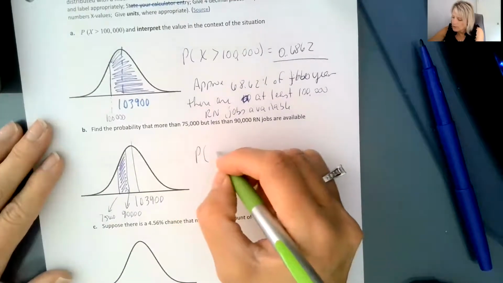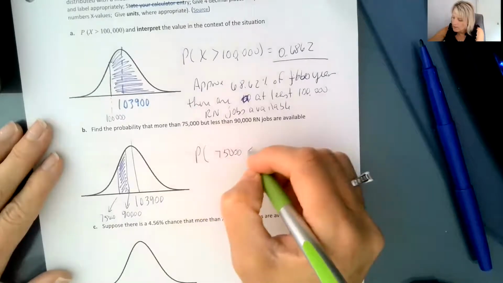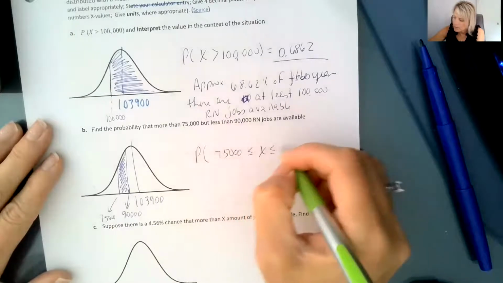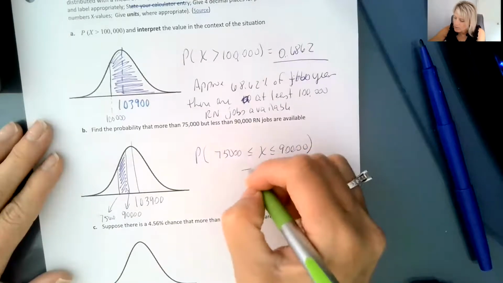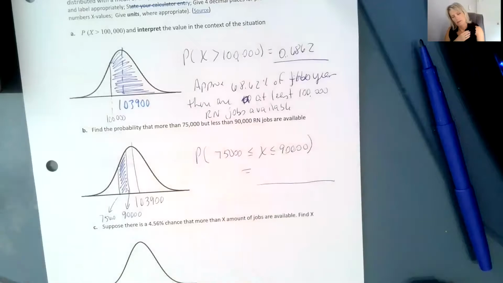What's the probability that the number of jobs is between these two values? We can do it with between in StatCrunch.